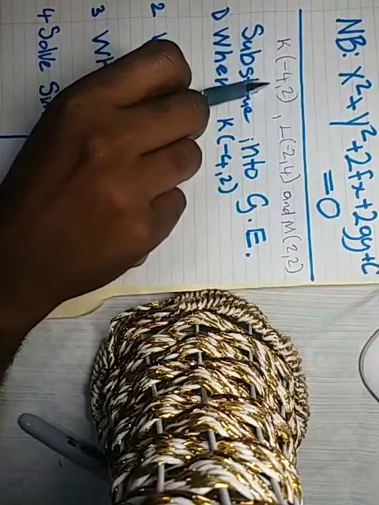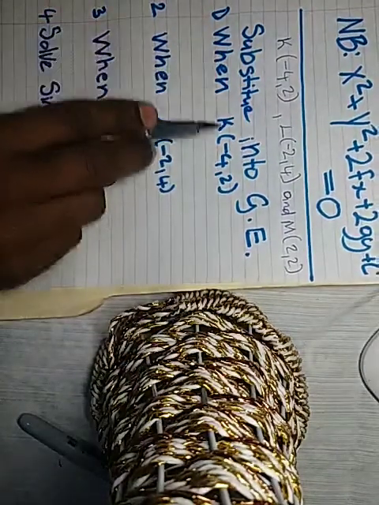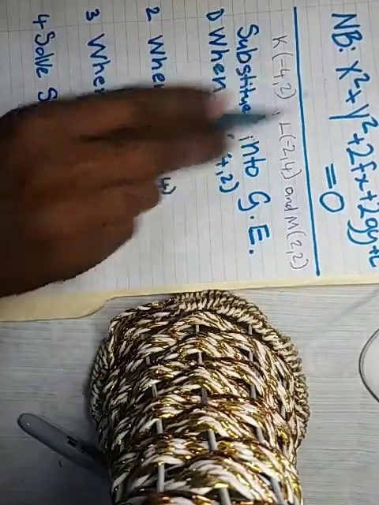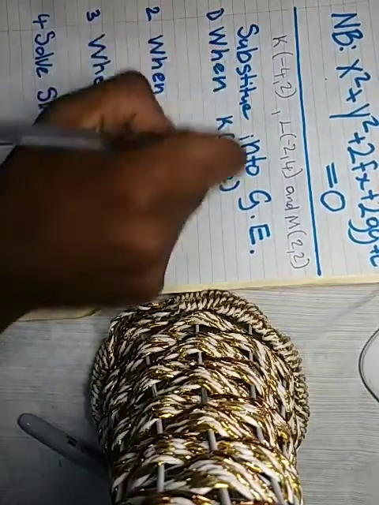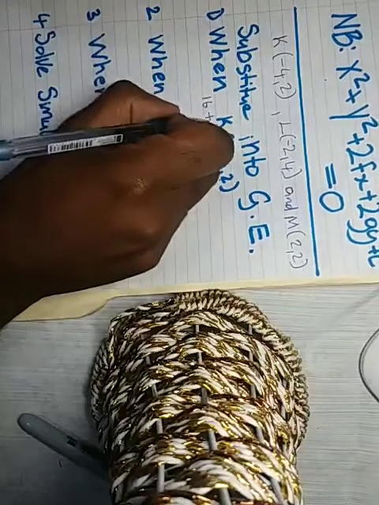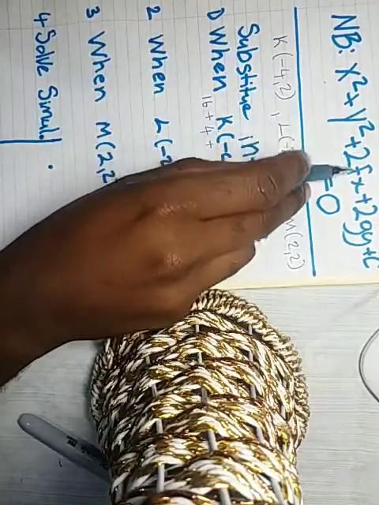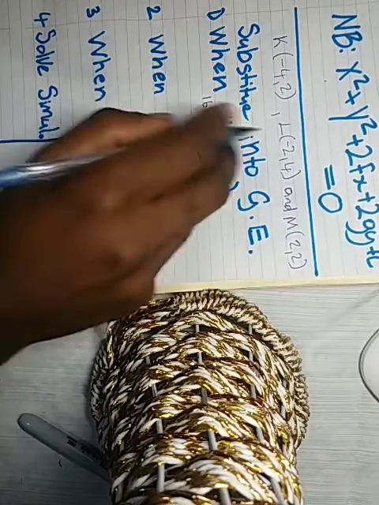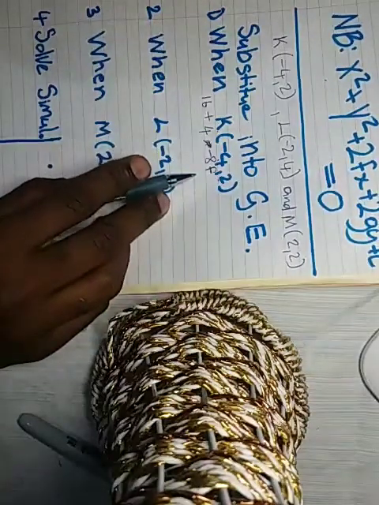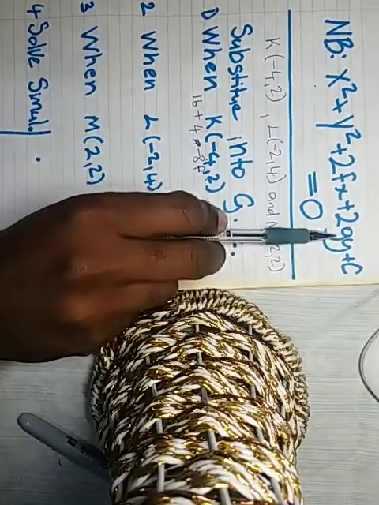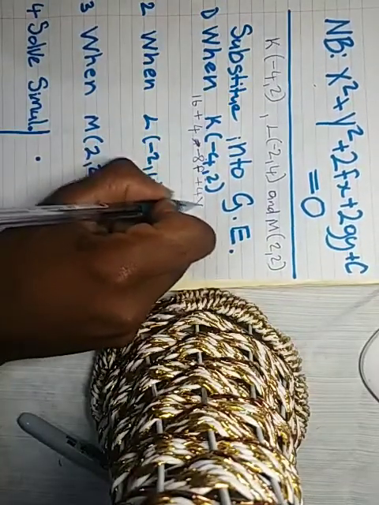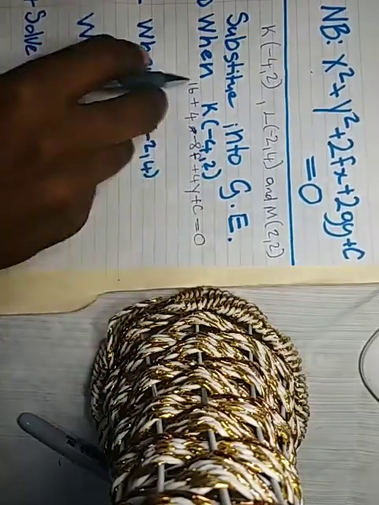So the 3 points on the circumference are K, L, and M. Now when we substitute K into the general equation, we would have x squared, which would be 4 squared, so this is 16, plus y squared, which is 2 squared, this would be 4, plus 2 times negative 4, so this will give me negative 8f, plus 2gy, 2 times 2 is 4, so this is plus 4g, plus c is equal to 0.